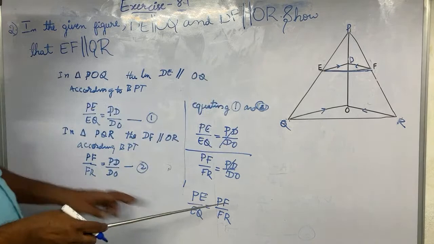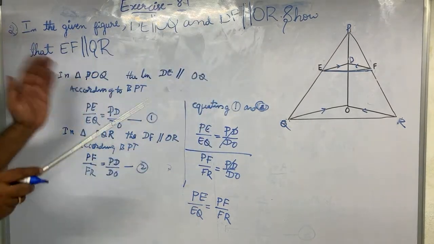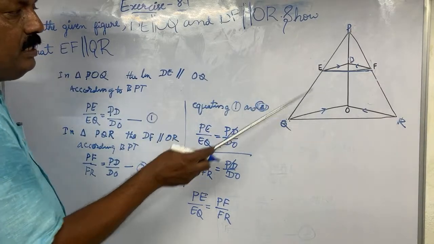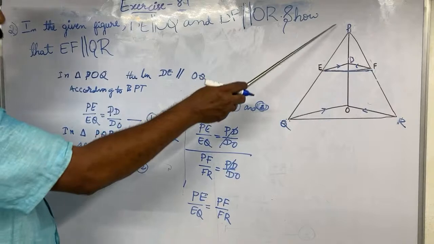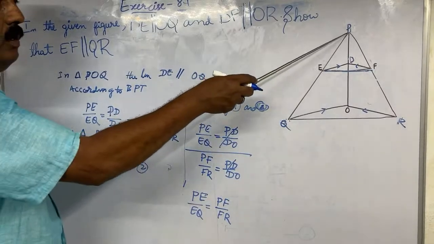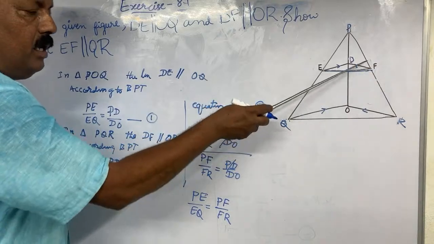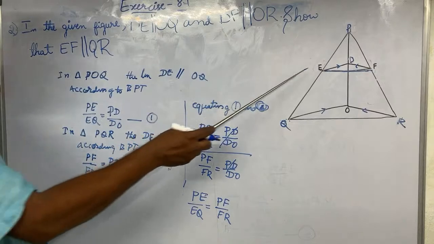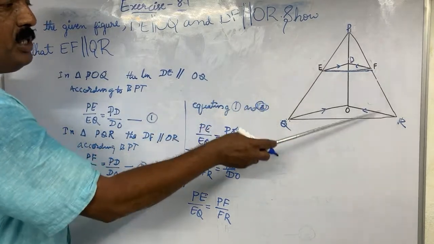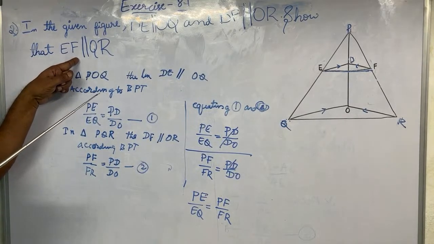If these ratios are equal, then 100% EF is parallel to QR. Whenever we get PE by EQ and PF by FR equal, EF is 100% parallel to QR. That is what is asked to prove.